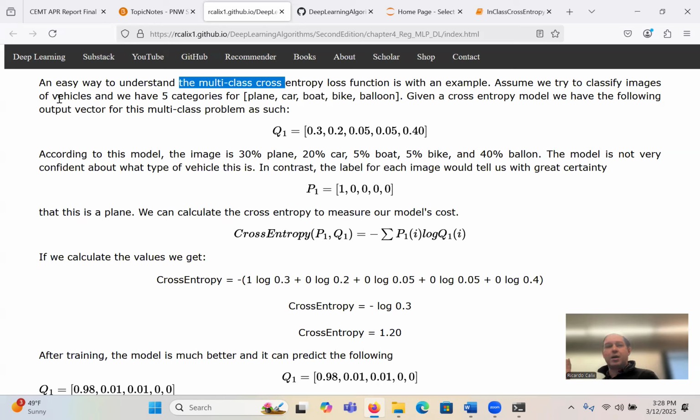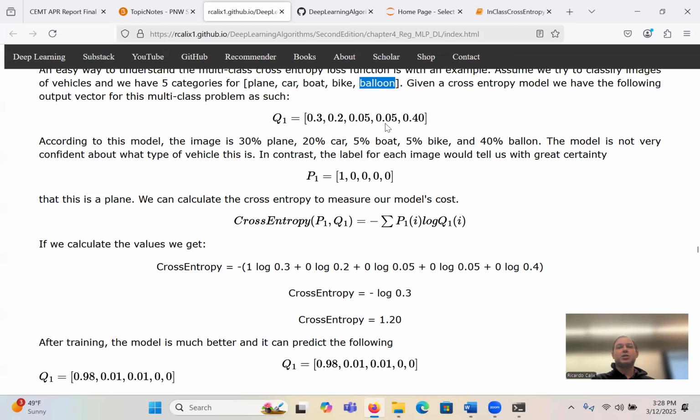And we have 5 categories, which are plane, car, boat, bike, and balloon. Okay, these are the 5 discrete classes we would be trying to predict. Given a cross entropy model, we have the following output vector for this multi-class problem. So this is the model predicting.